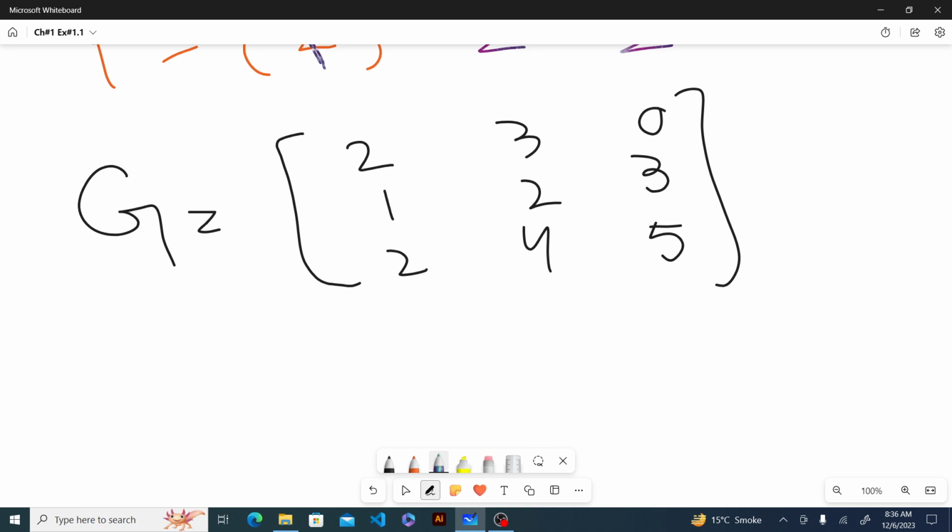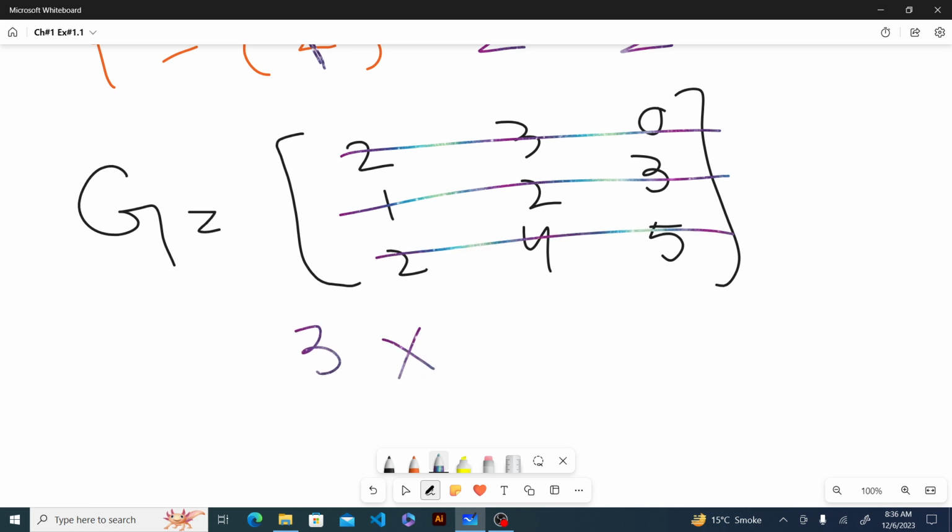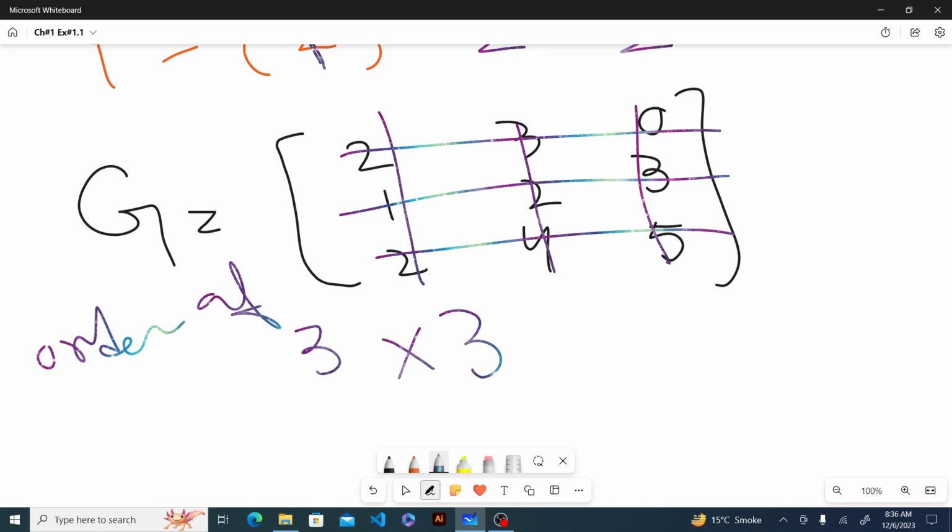We'll count the number of rows: 1, 2, 3. Number of rows are 3 into 1, 2, 3: 3 columns, 3 rows, 3 columns. So the order of matrix G is 3 into 3.